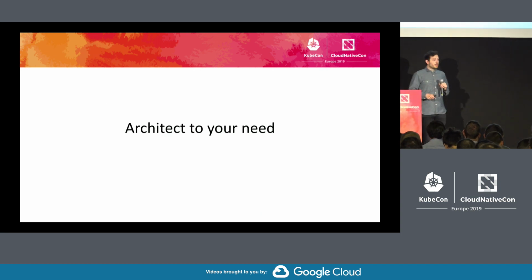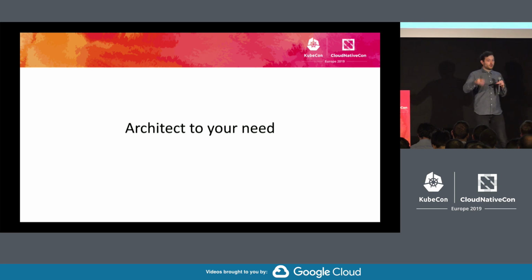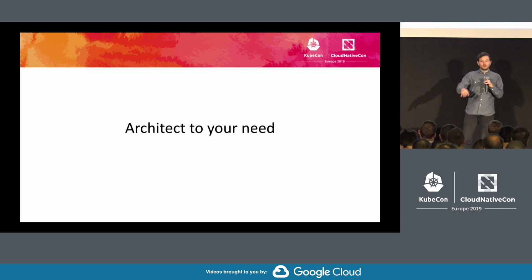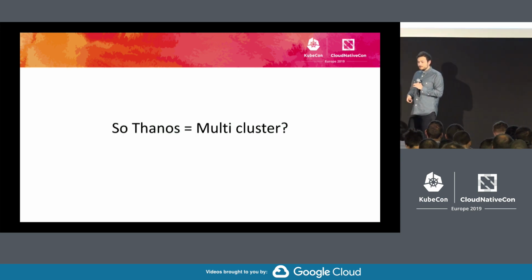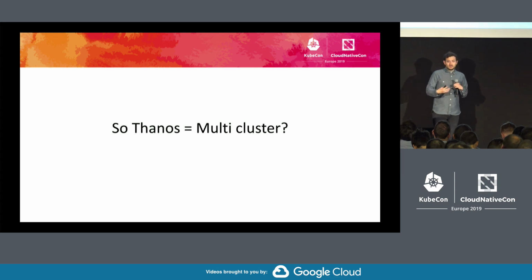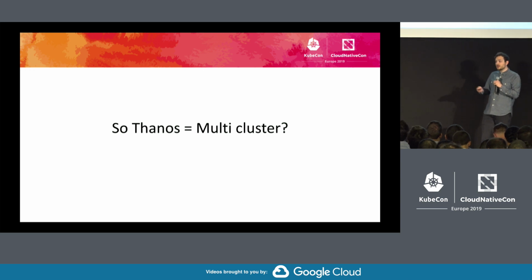So I want to reiterate on this. Thanos is really a toolkit of components, and you can use all of these components to build basically your very own monitoring system. So we're all here for multi-cluster monitoring. So does Thanos equal multi-cluster monitoring?